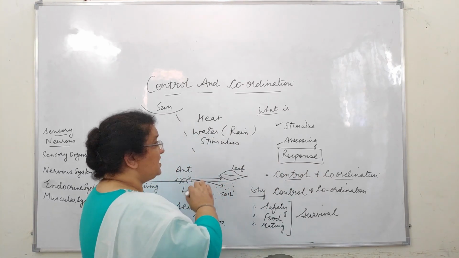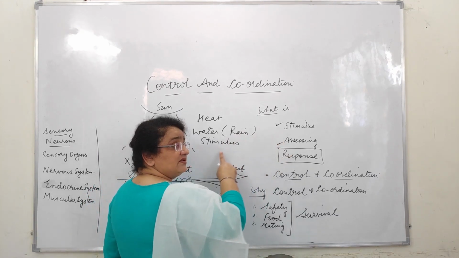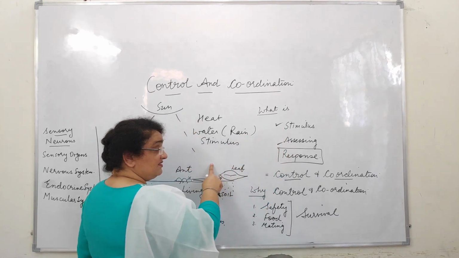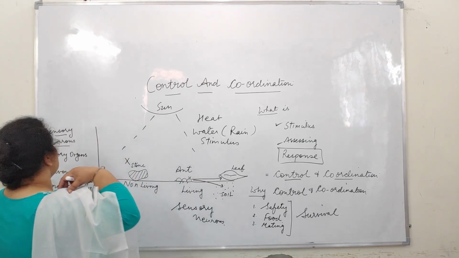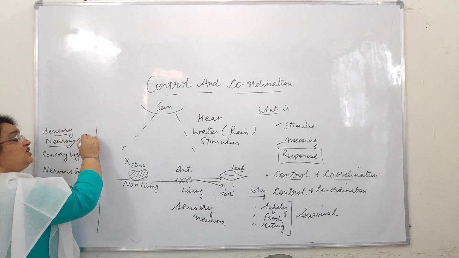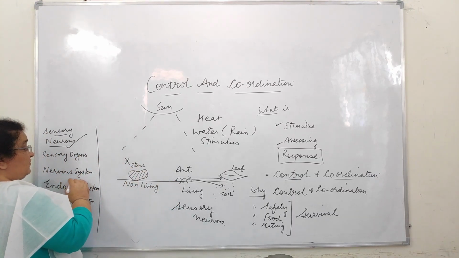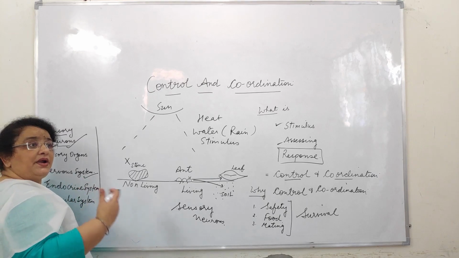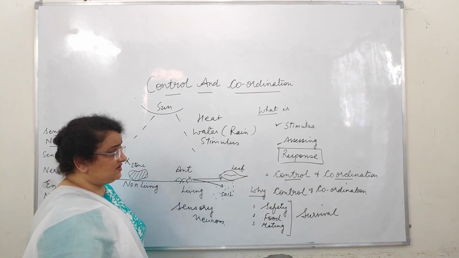So now repeat, any change in the environment is the stimulus, and this stimulus is received by living organisms with the help of sensory neurons, and then with the help of the nervous system, depending upon whether the organism is simple or complicated.